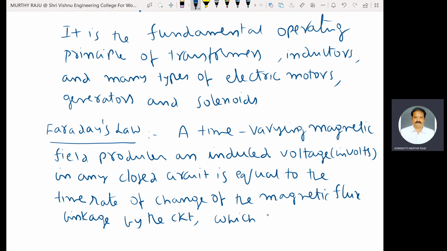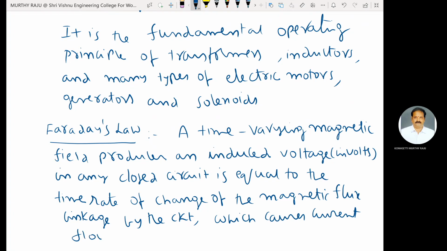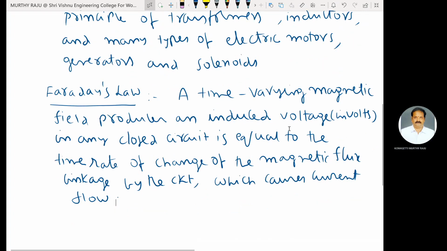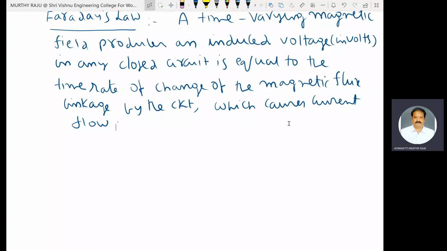Important point: static magnetic fields produce no current flow. Only time varying magnetic fields produce an induced voltage in a closed circuit.